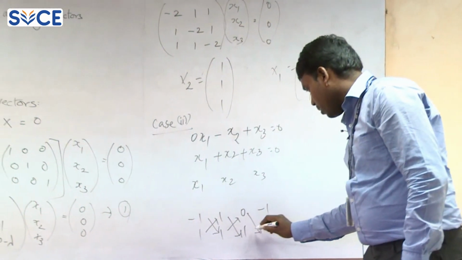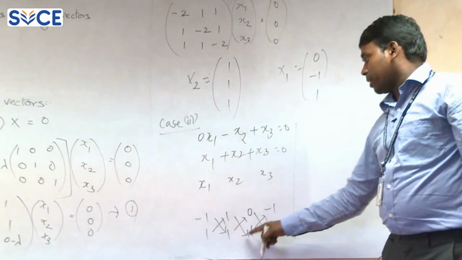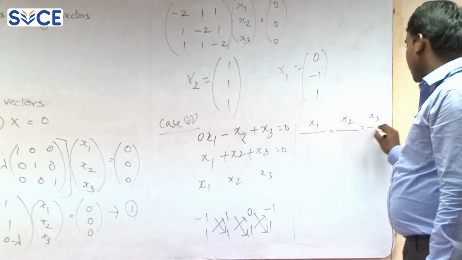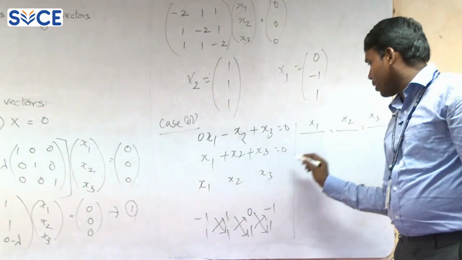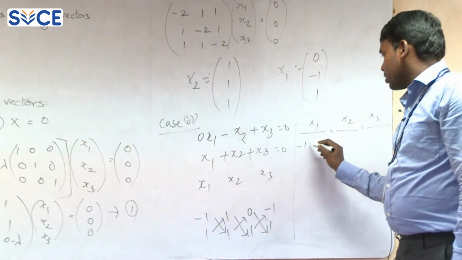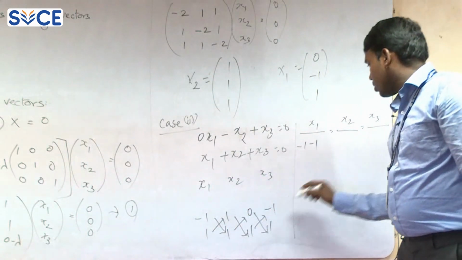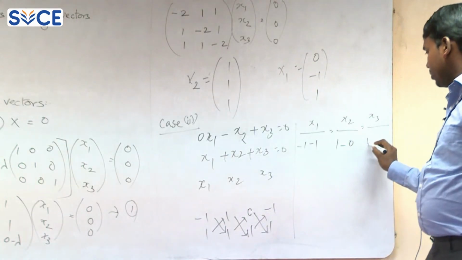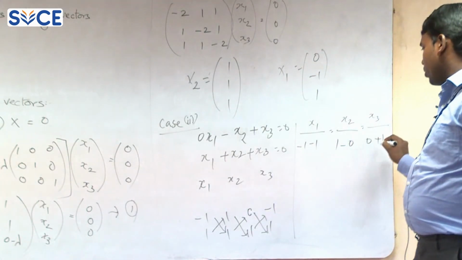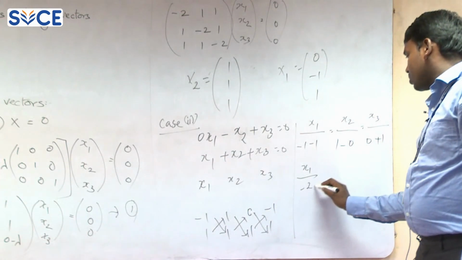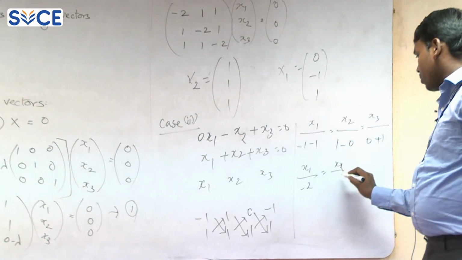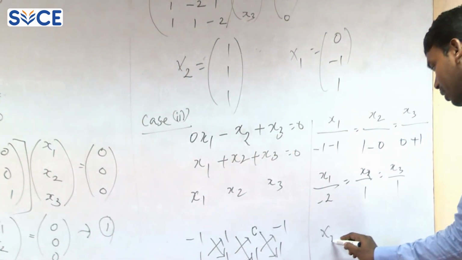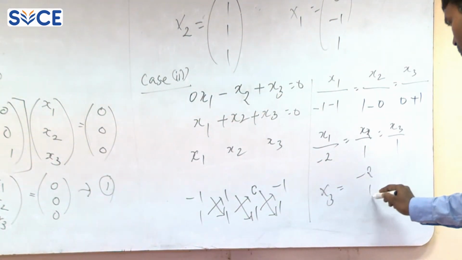So x1 divided by, x2 divided by, x3 divided by. 1 into minus 1 minus 1 into 1 gives minus 2. Second multiplication, 1 into 0 minus 0 into 1 gives 0, so 1 into minus 1 becomes plus 1. So x1 divided by minus 2, x2 divided by 1, x3 divided by 1. Therefore the third eigenvector is minus 2, 1, 1.